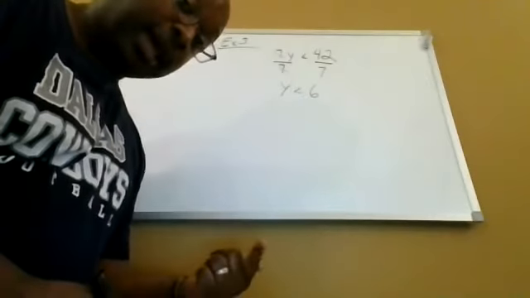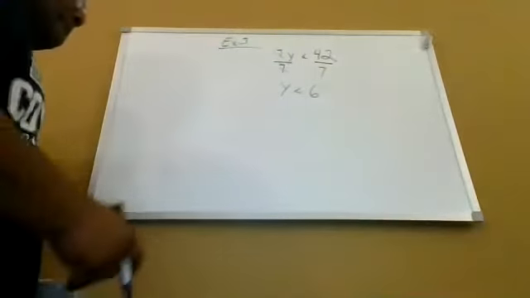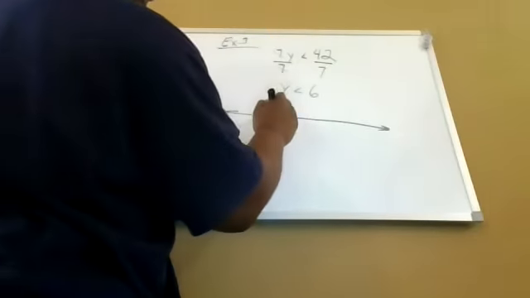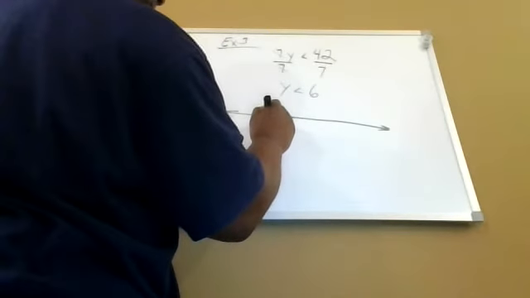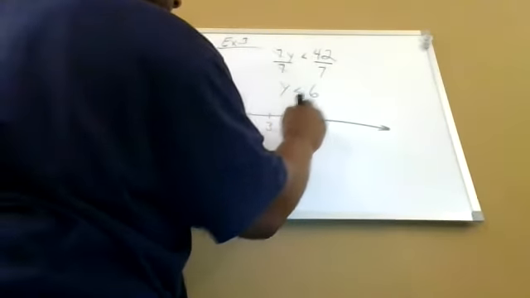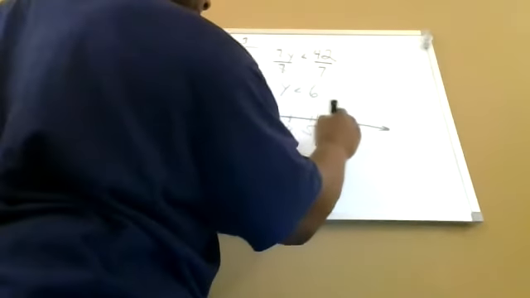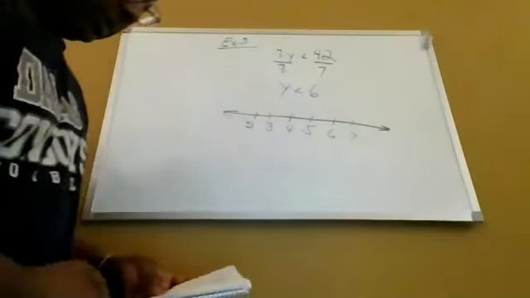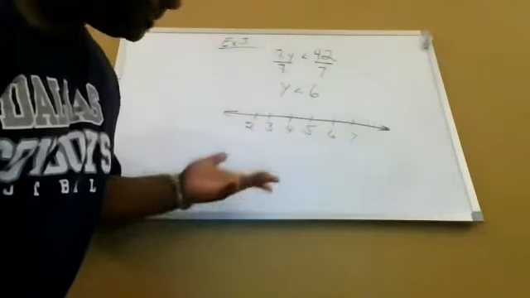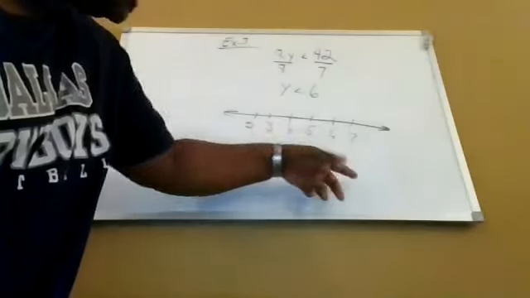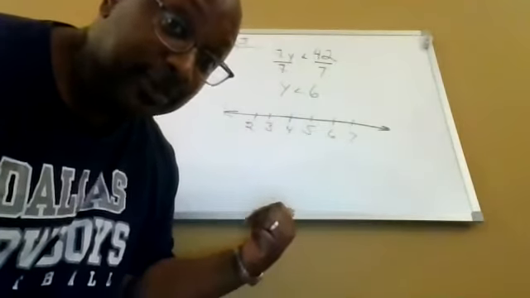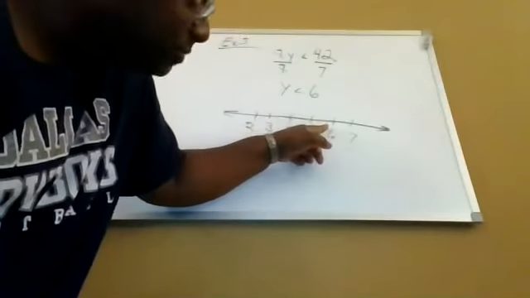Now we want to draw a number line to represent this. So here's a number line. I'm starting at 2, 3, 4, 5, 6. We want to start at the point 6.